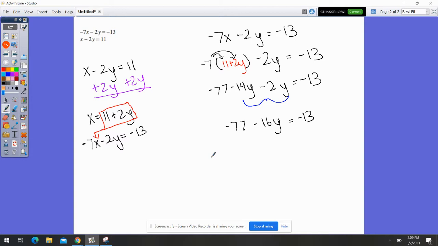Okay, now think about what we should do next. We are going to add the 77 to both sides. We're looking to get y by itself. That's what we're solving for. So what is negative 13 plus 77? 64.